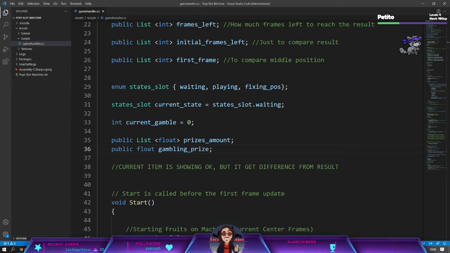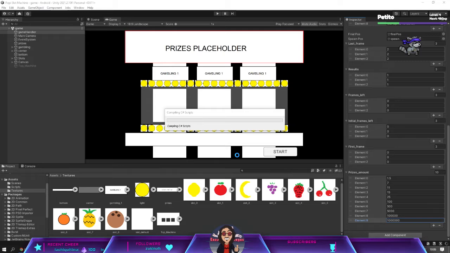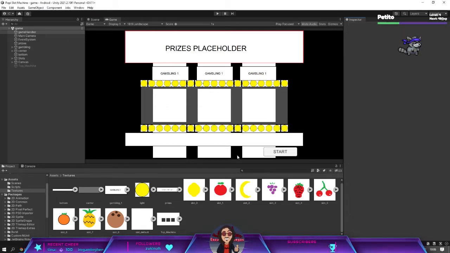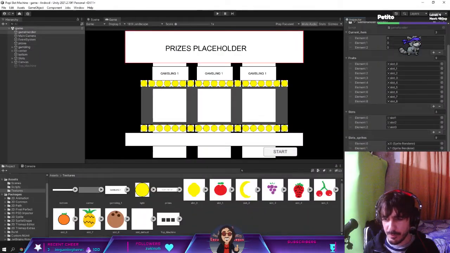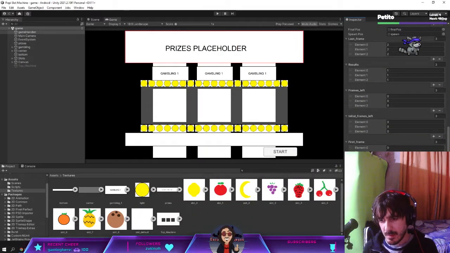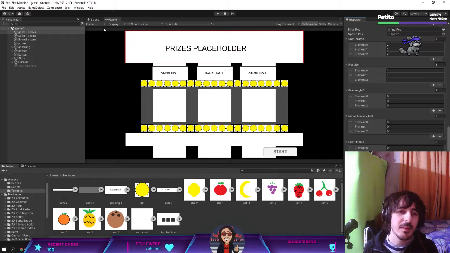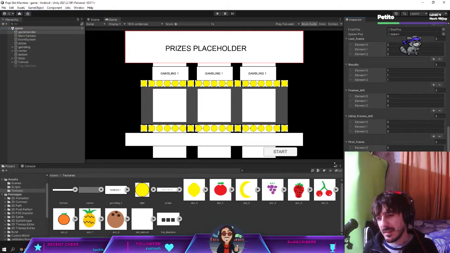Okay, I will use just one gambling price because I think I will multiply the gambling price in the different game modes. Now, I don't know.